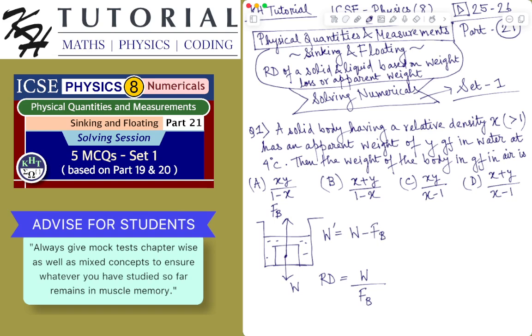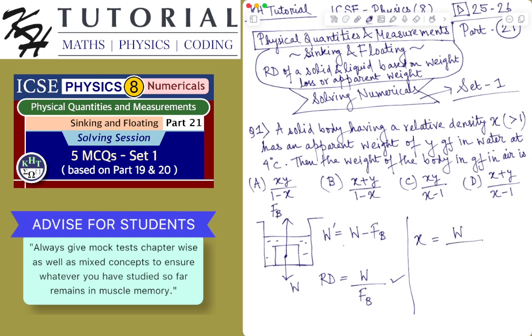Now in this problem, the weight of the body in gram force has been asked. That is, we have to find W. What is given? The apparent weight, W dash, is given. Also, the relative density is given. So for this problem, if we apply this formula, we get x, which is the relative density of the body given in the problem, x is equal to, let's say W be the weight of the body in air, W, divided by Fb.